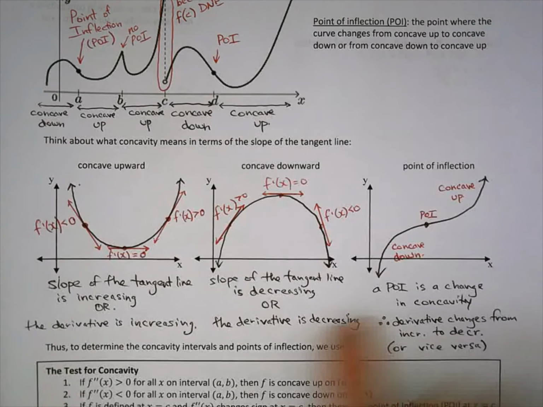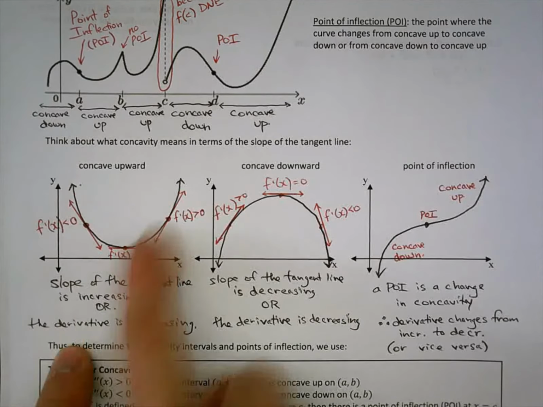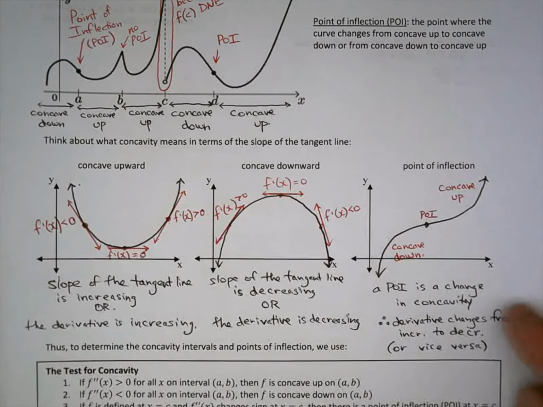So in this case, we're seeing the increasing derivative and then a decreasing derivative, or the other way around. And that's really what's happening at a point of inflection.